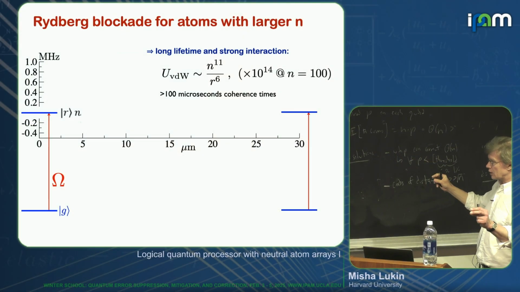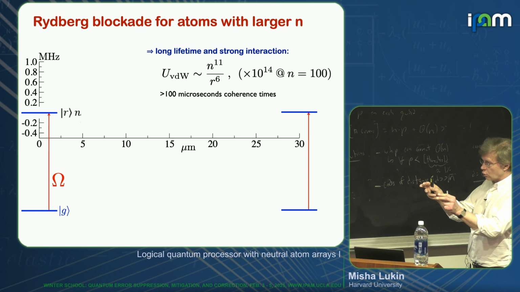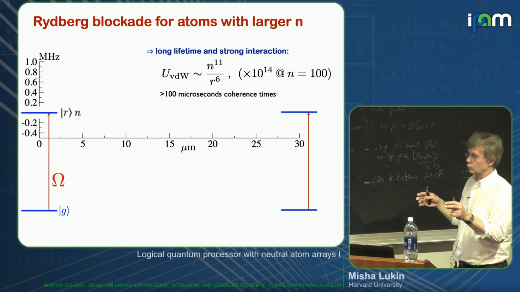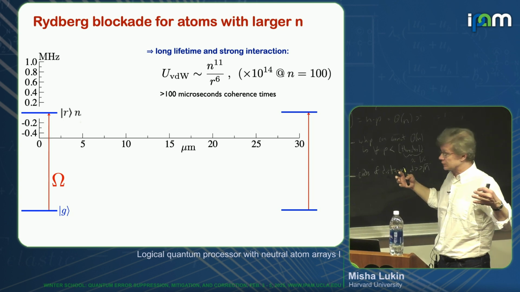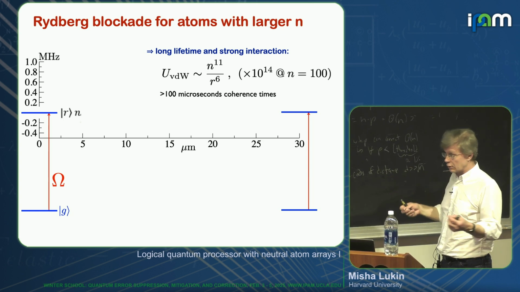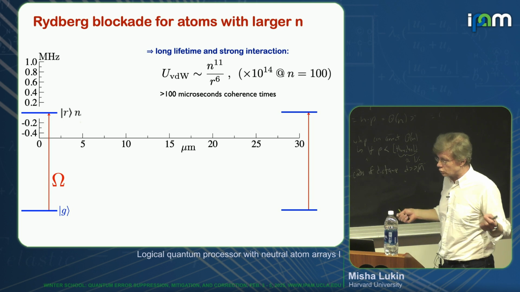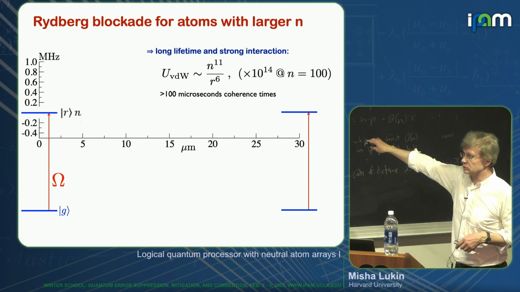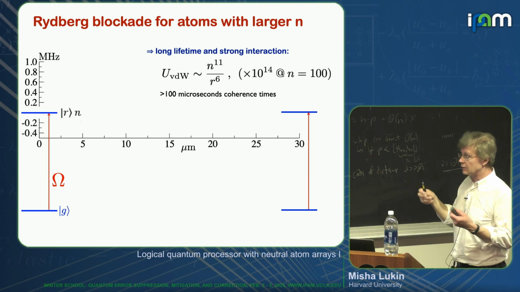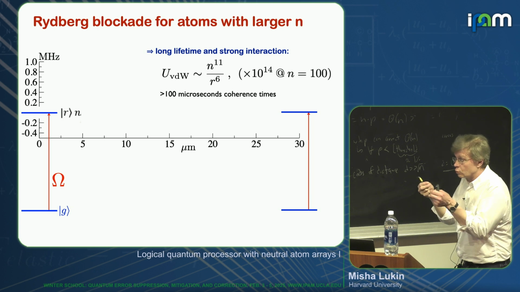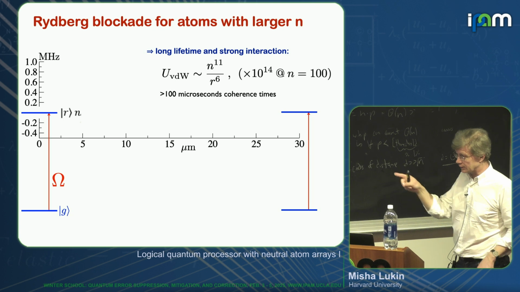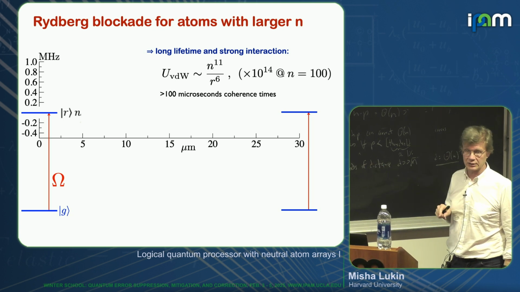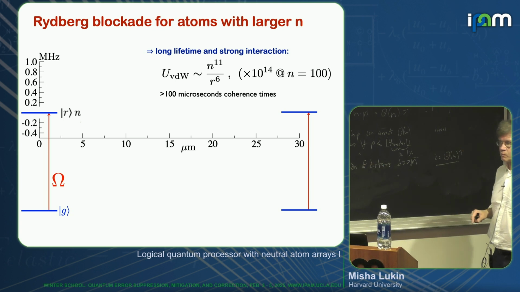If you start bringing them closer, this perturbation argument breaks down, and you first end up with a spaghetti of levels which cross and anti-cross, and eventually it becomes like molecular physics. This will determine the limitation of how close you can bring the atoms such that this picture is still valid. I will comment on that on this slide a little bit.